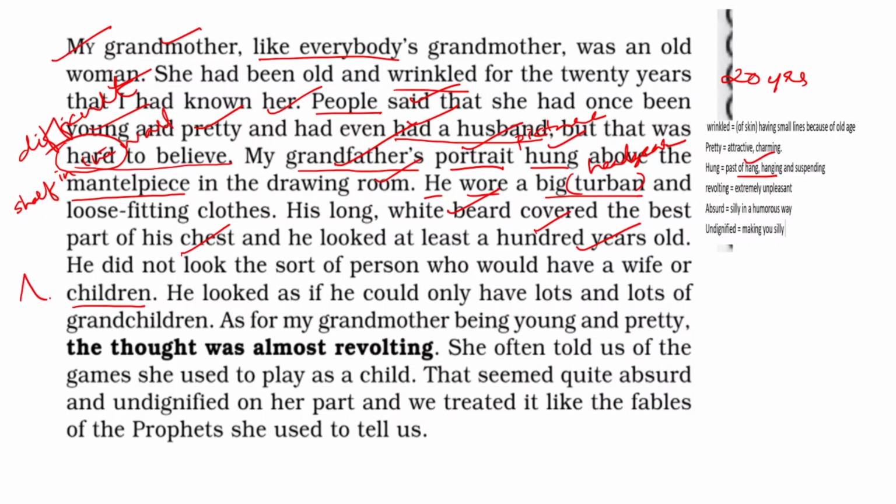Again, the fallacy of thought Khushwant Singh gives here. He could not believe, with his rational senses, that he did not look the sort of person who would have a wife or children. He looked as if he could only have lots and lots of grandchildren.